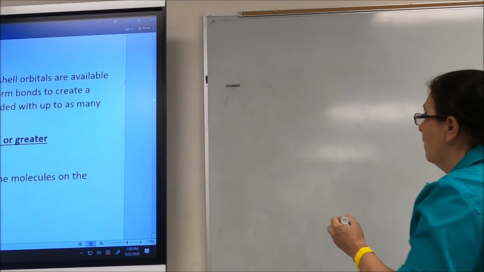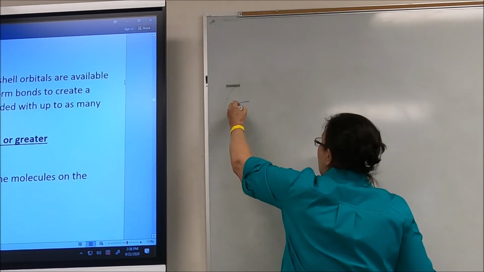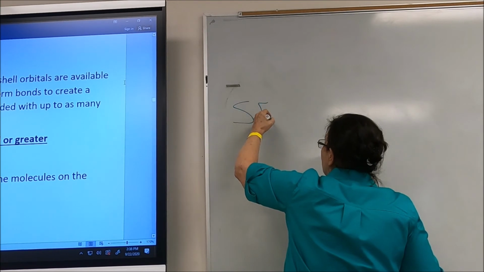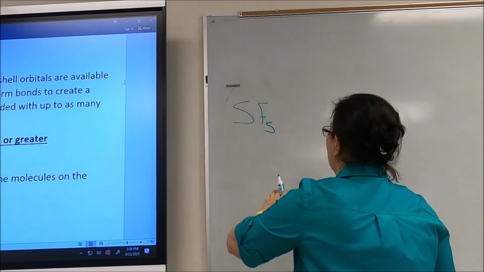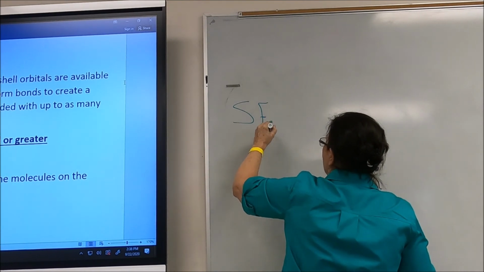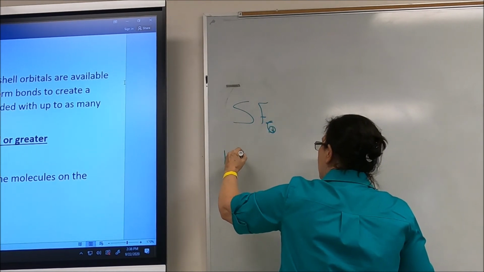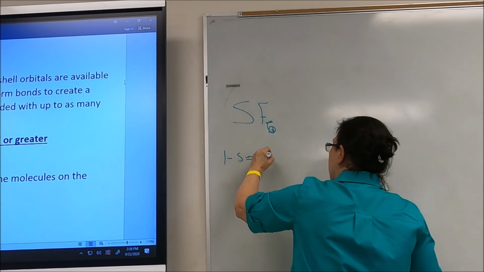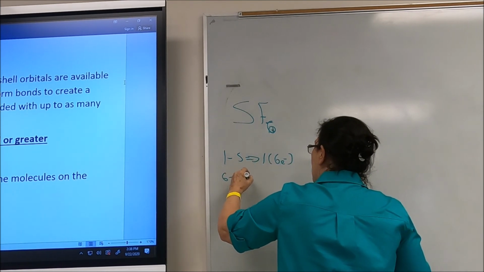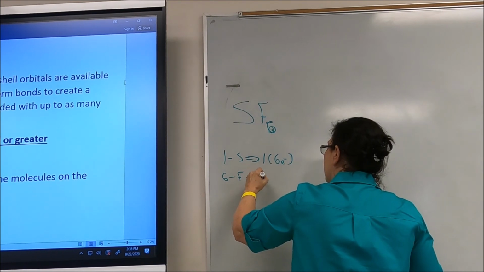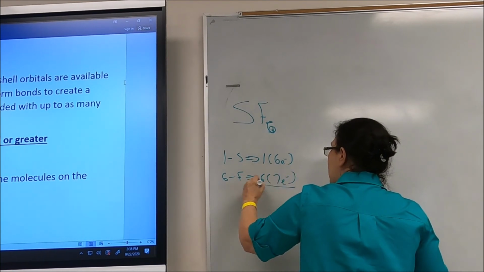Okay? So some examples would be something like sulfur hexafluoride. So I've got one sulfur at 6 electrons. I have 6 fluorines at 7 apiece.